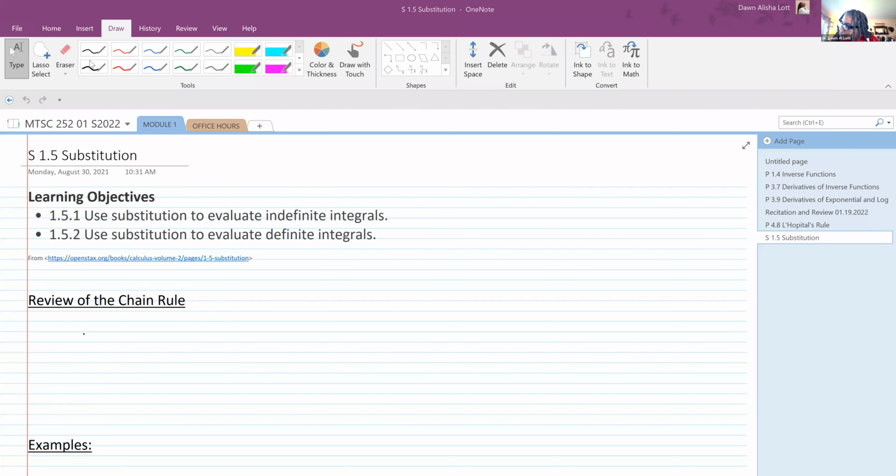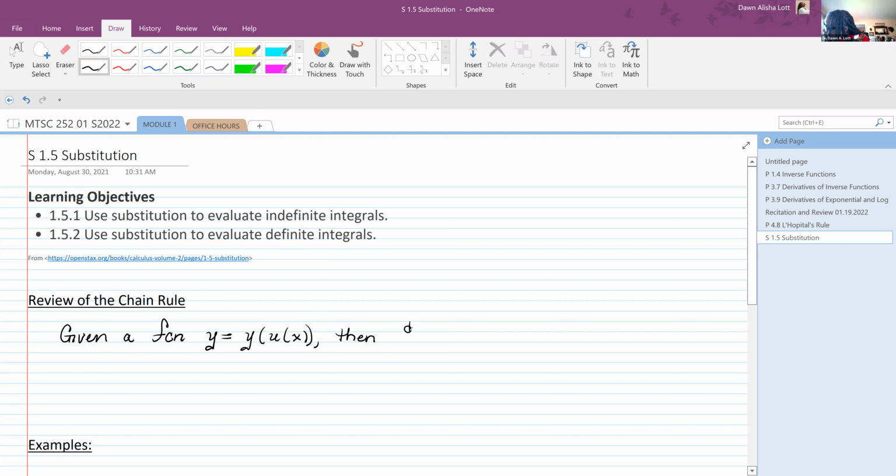So we said, given a function y is equal to, let's say, y of u of x, then in order to find dy/dx, we take dy/du and multiply that by du/dx.